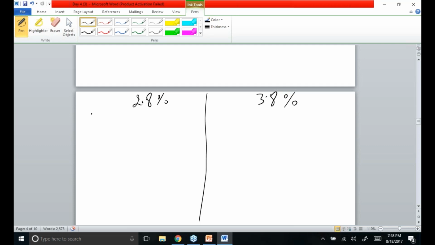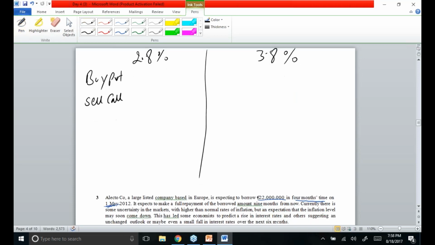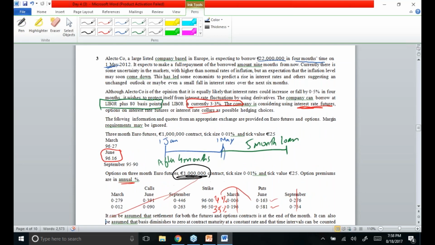Remember, this was a case of borrower. So buy put and sell call. Okay, let's move to the question. You will buy put at 4% and sell call at 3.5%.